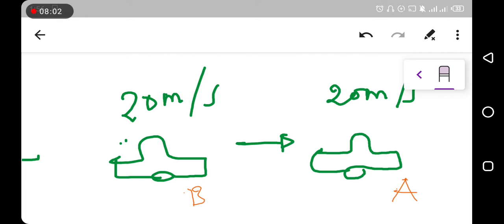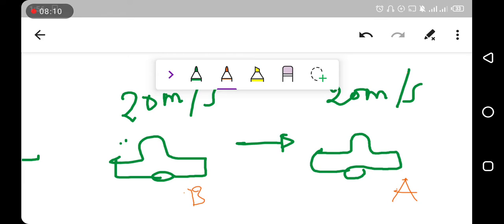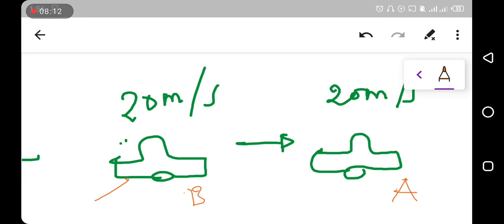Na kila moja lina move kwa speed yake. Lakini sasa let's say observer akiwepo katika gari B. Huku kuna observer. Lakini hiki ndo object ambayo tunaiangalia.